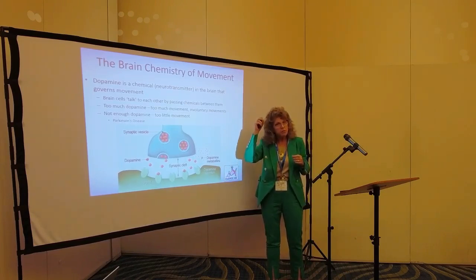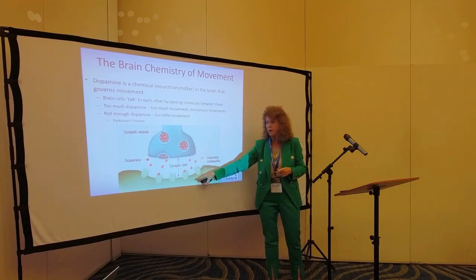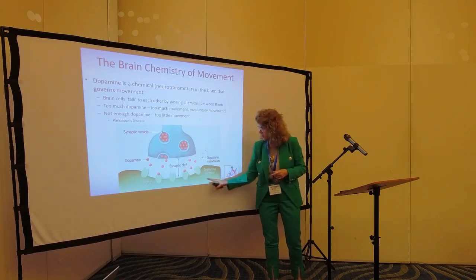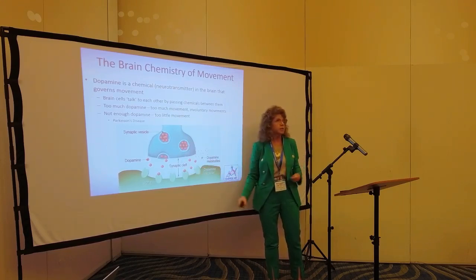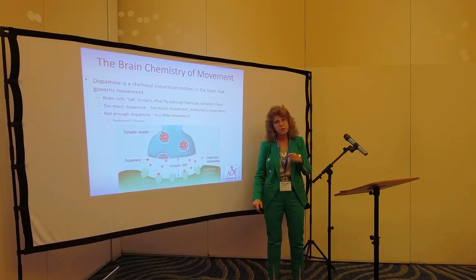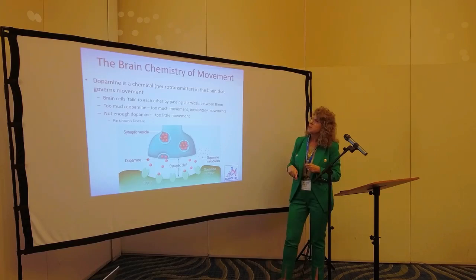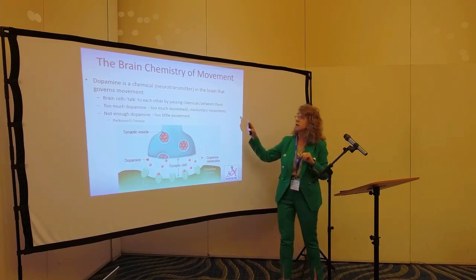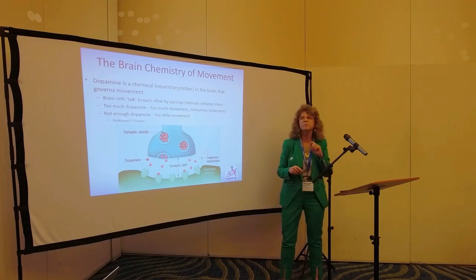Little bits of electricity, and they pass chemicals together. So one cell will release dopamine, this other cell will receive it and say, okay, I know what to do. Right? Dopamine, in general, governs movement. Much more than that, but we can think about it as movement. And this will help when Jordan talks about treatment.